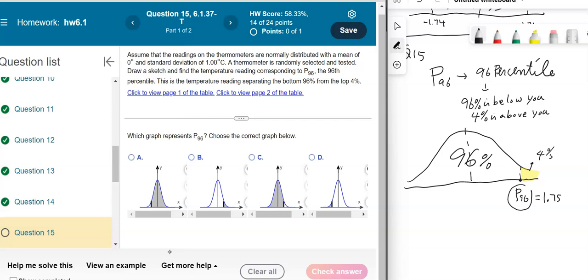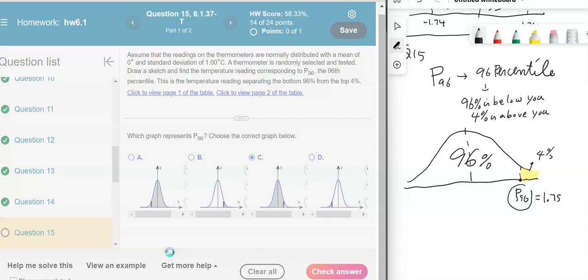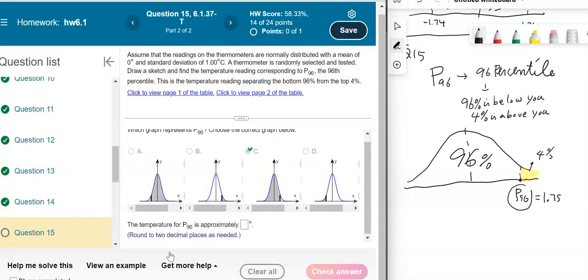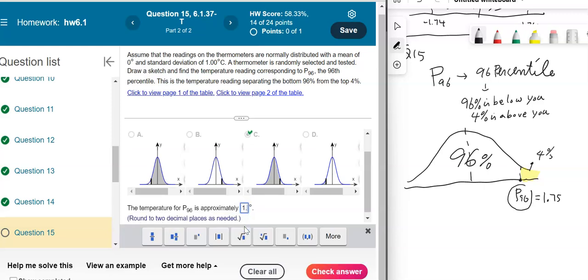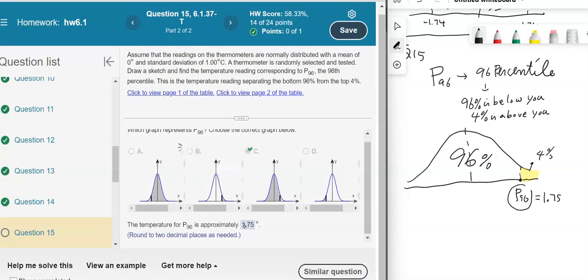Well, first of all, we have to shade 0.96. 96% is below you, this guy. Okay. And then P96 is about 1.75. So here, 1.75. Okay.